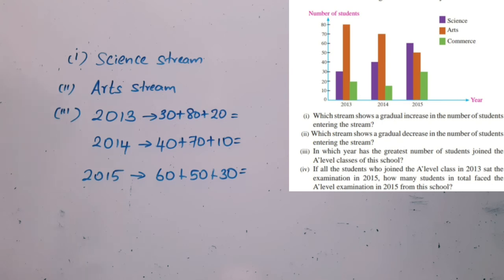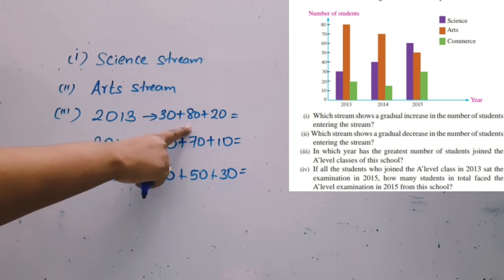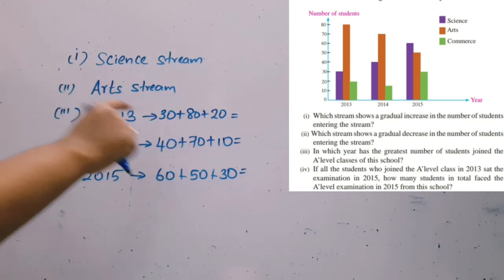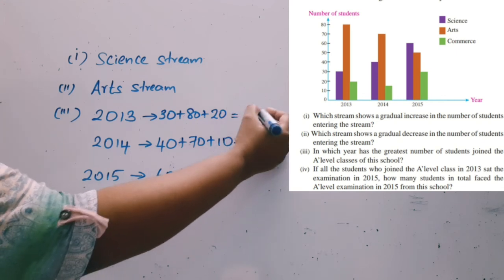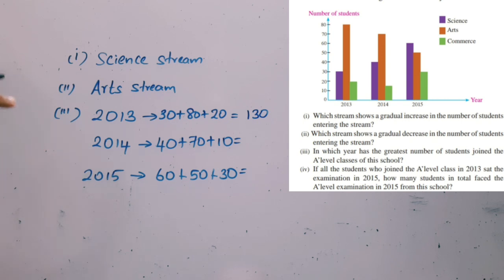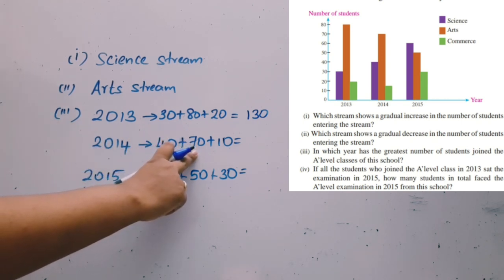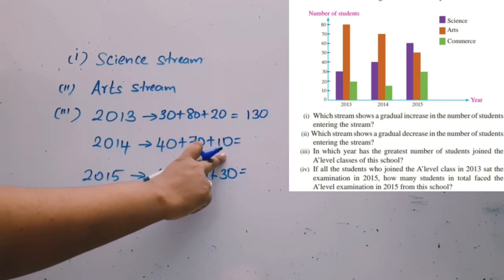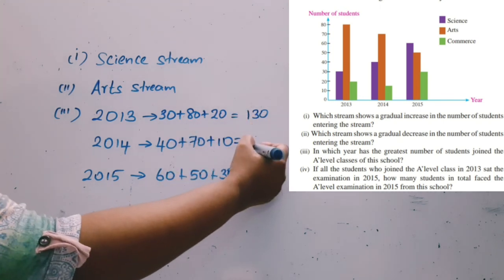For 2013, you can see the purple one is 30, the brown one levels with number 80 and the green one 20. So the total number of students in 2013, you should add everything, which is 130.